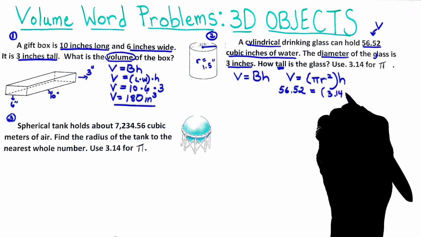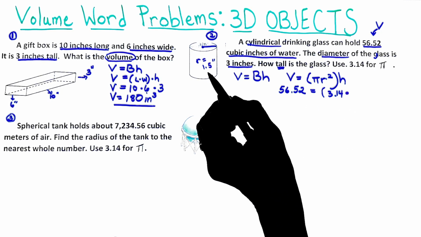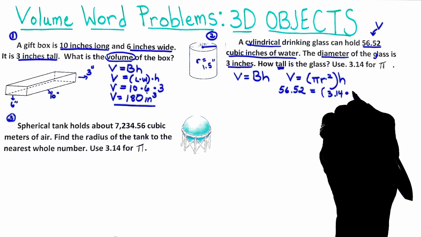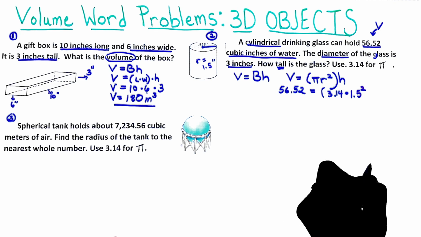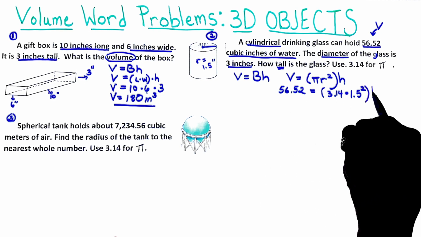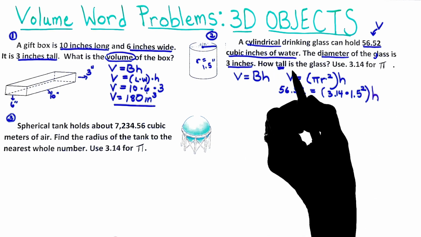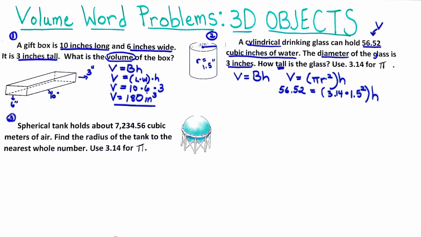And we're going to go ahead and we're going to multiply that by, remember, it is the radius 1.5, but we must square that. And then we're going to multiply it by the height. Well, it says, how tall is the glass? So I just left h for height. As we're solving this problem, order of operation is going to be very important.